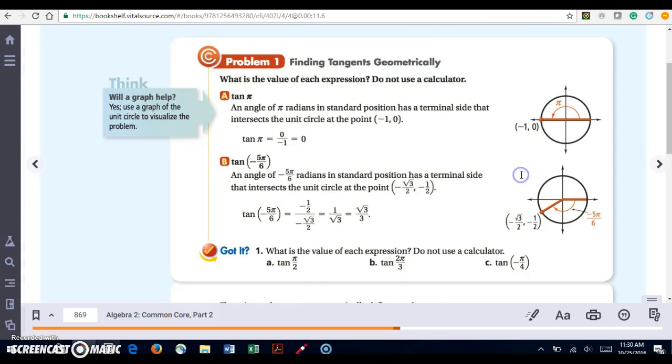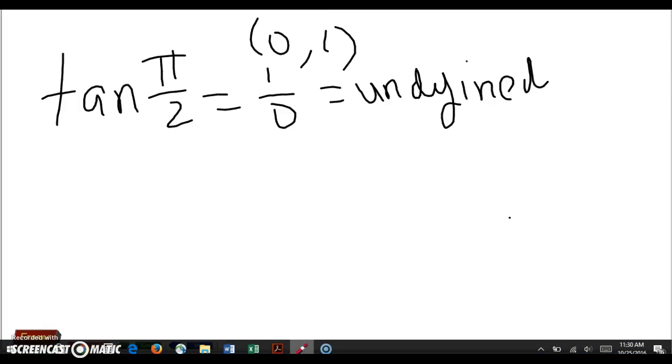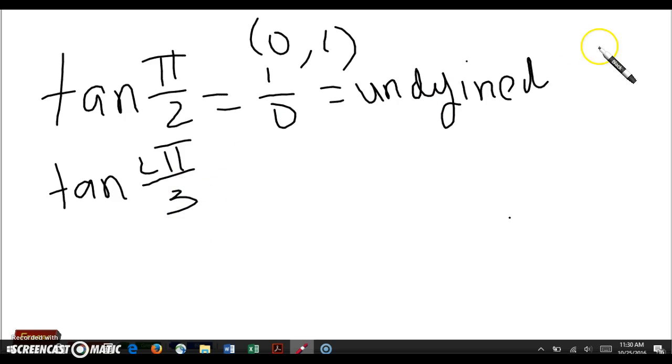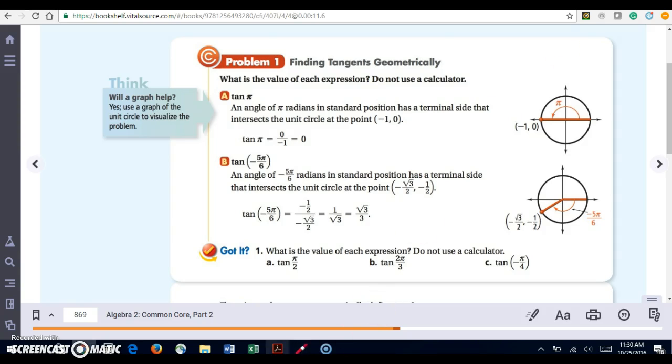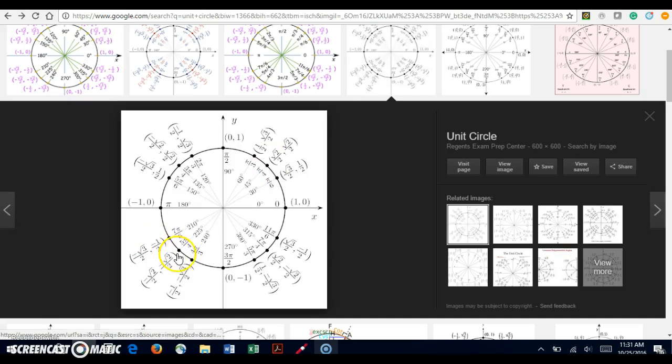Alright. So let's go on to tan 2 pi over 3. Let me write it down first. So tan 2 pi over 3. Let's find out those coordinate points. Pull up my unit circle. 2 pi over 3 is over here.